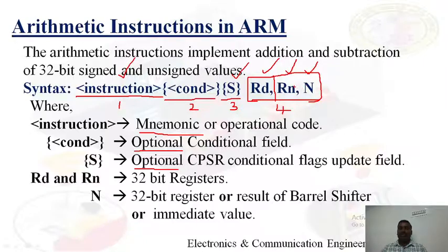Of these two sources, Rn is always a 32-bit register. N can also be a 32-bit register, but it has other sources: it can be the output of the barrel shifter, or it can be an immediate number. So this is the general syntax of any kind of arithmetic instruction in the ARM processor.